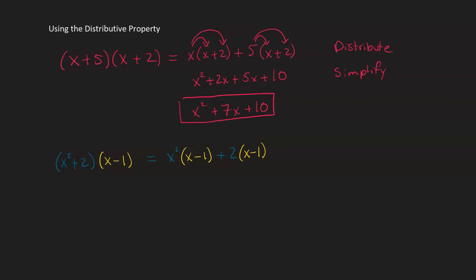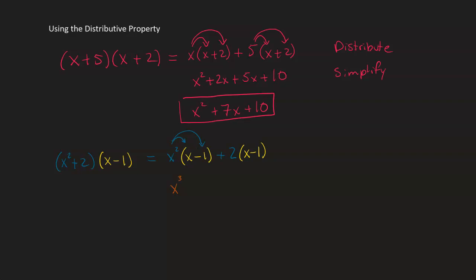From here, I'm going to distribute. I'm going to multiply the x squared to the x and the x squared to the 1. Bringing that down, I get x squared times x becomes x to the third, because the exponent of 2 plus the exponent of 1 becomes 3.